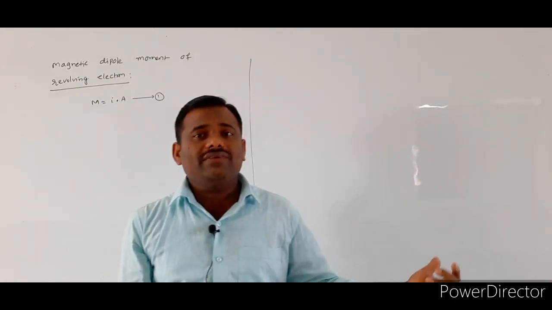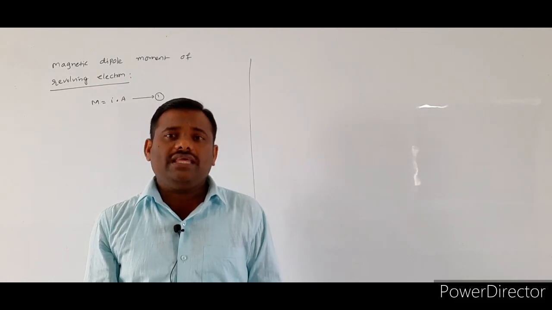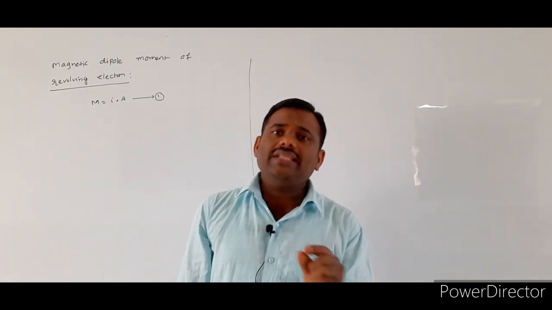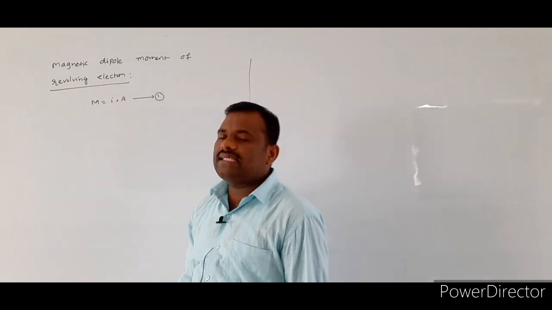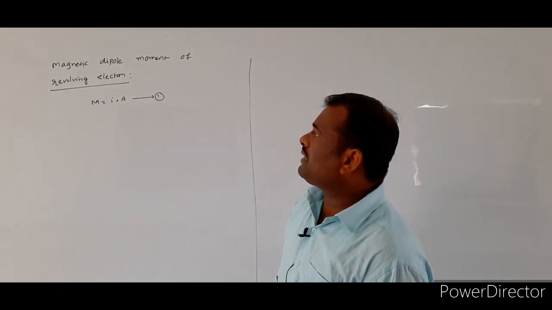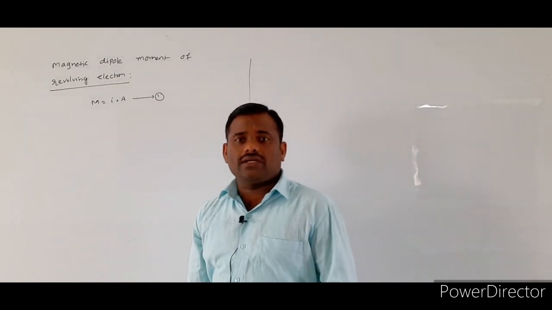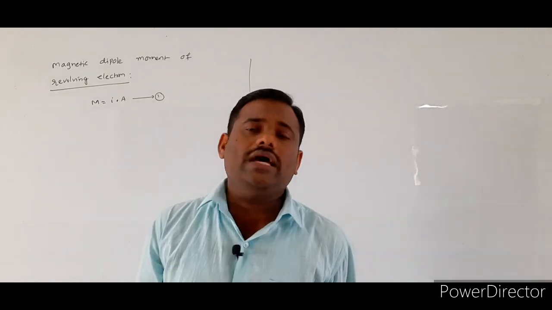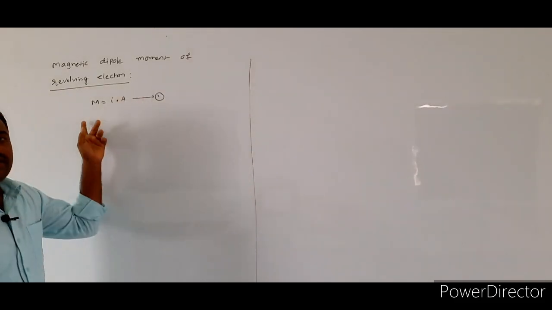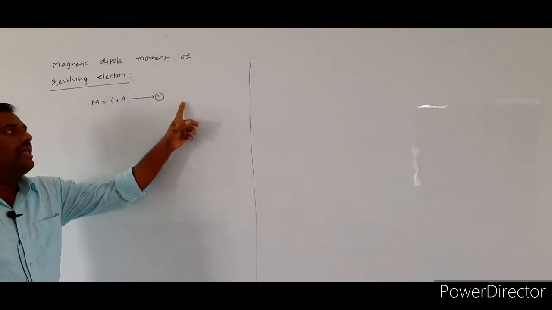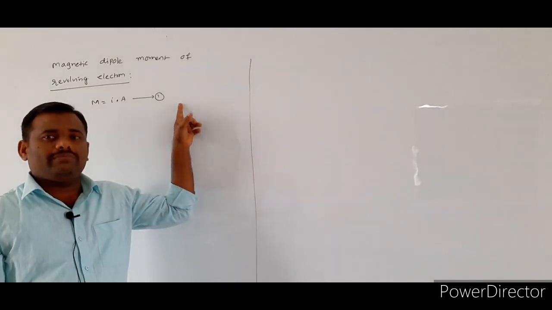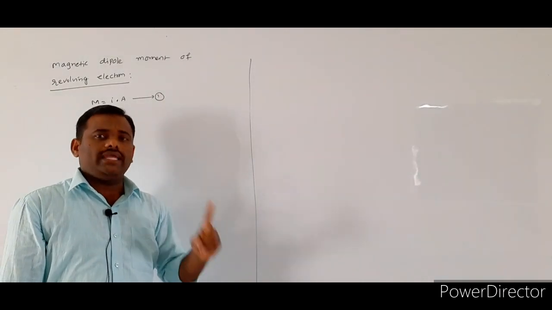We derived the general expression for the magnetic momentum of the given charged particle. But in this case they are asking the magnetic momentum of the revolving electron which is revolving in the circular path. So first I wrote the general formula for the magnetic momentum of any charged particle, given by M is equal to I into A.